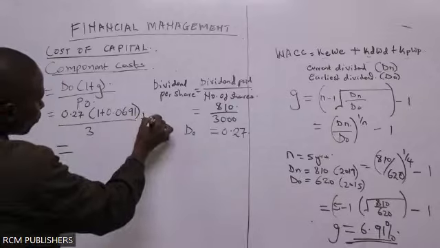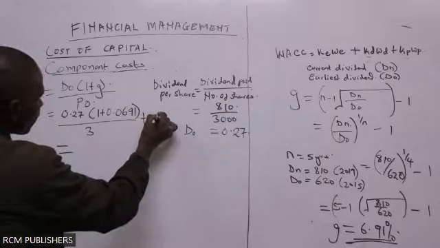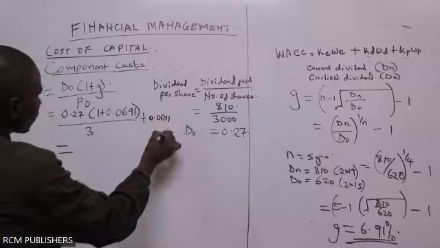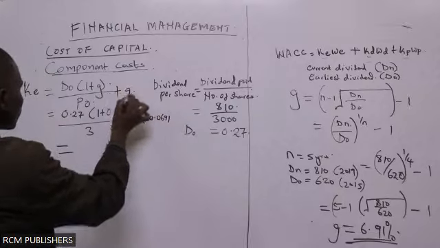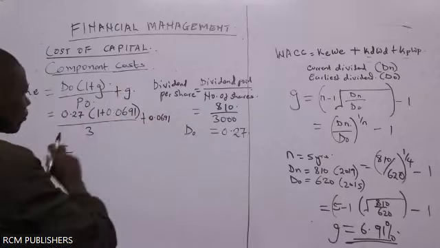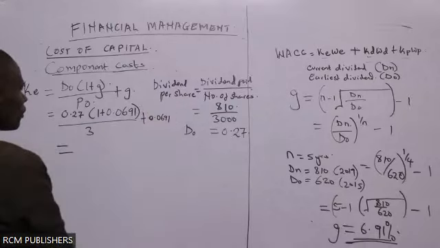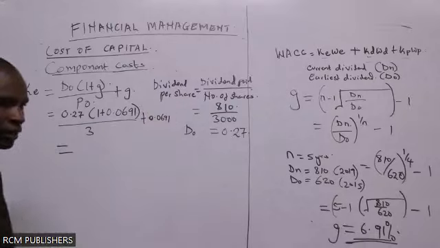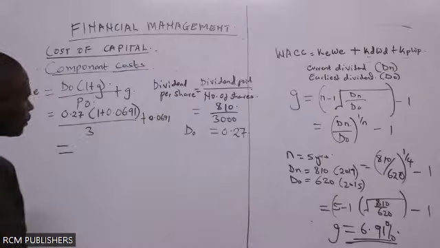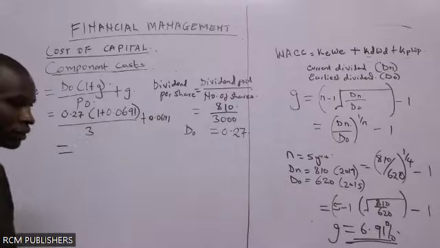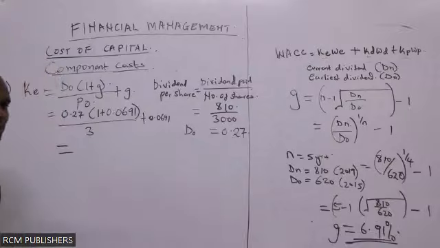Therefore, remember, we also have 0.0691, and plus G, don't forget. This is for ordinary share. For retained earning, you also start the other. So, how much are you getting as the KE? How much are we getting as our KE?